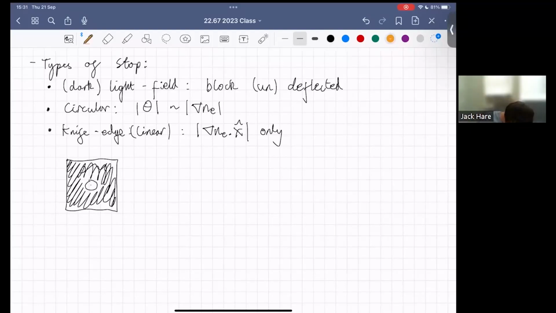And this opening could be positioned such that the focal spot, in the absence of any plasma, sits inside it. What sort of stop would this be? Light field? So this is a light field stop.